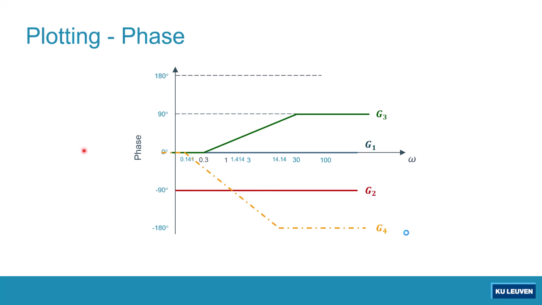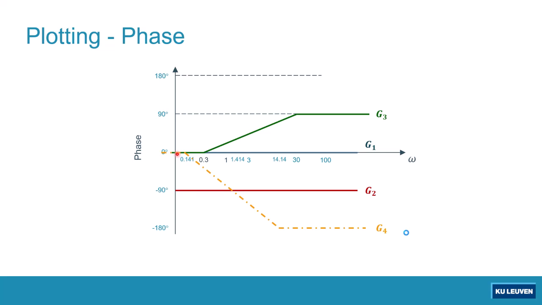At low frequency region until 1 decade below the first corner frequency. So 1 decade below the first corner frequency will be 0.1414. What I will get in here, I will have 0 degree from G1, and then I will have negative 90 degrees from G2.